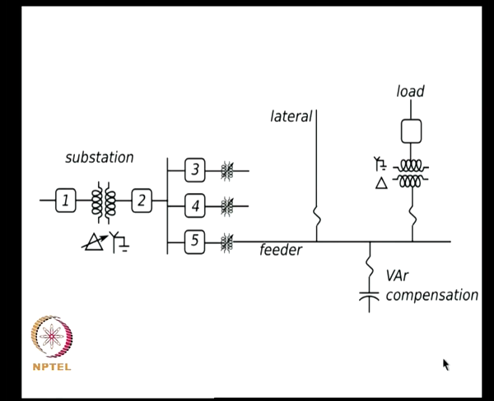So, if you look at a typical distribution system, you are having a wide range of components. Okay. If you look at the typical system, you might start off from the substation.